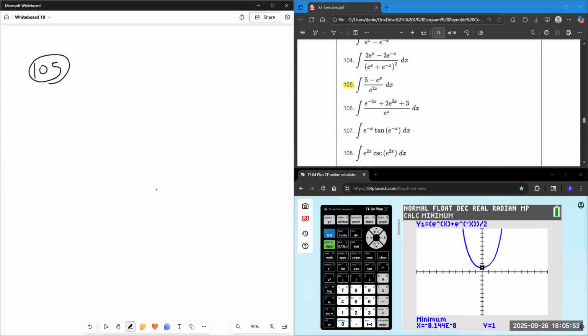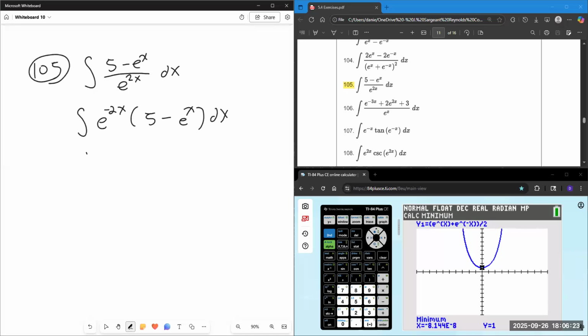105 is integral 5 minus e to the x over e to the 2x dx. Since the denominator is a monomial, I'm going to use my power rule here, bring my negative exponent up like this, e to the negative 2x times 5 minus e to the x dx.